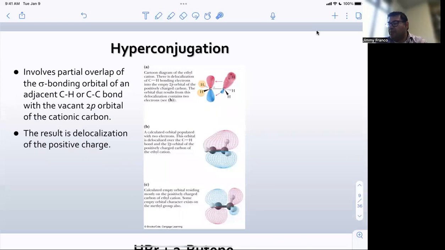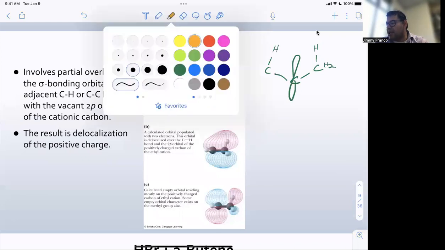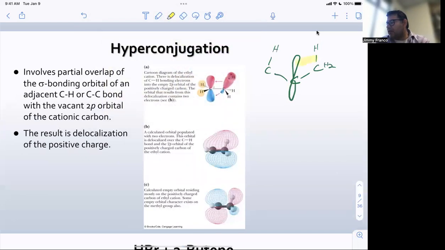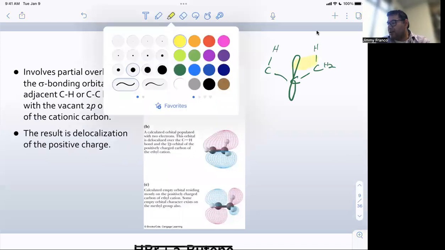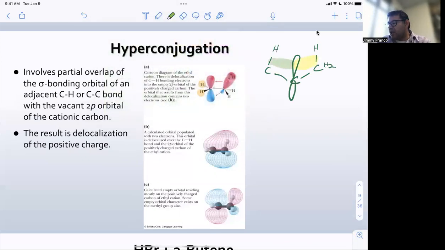Now, the thing that would happen is the more substituted this group becomes, so if we have a CH3 over here, I'll put the other two hydrogens, and then a carbon with another hydrogen, and we have our empty p orbital, what we can start to get is sharing of electrons from here. And then we can get some sharing of electrons from the other one.